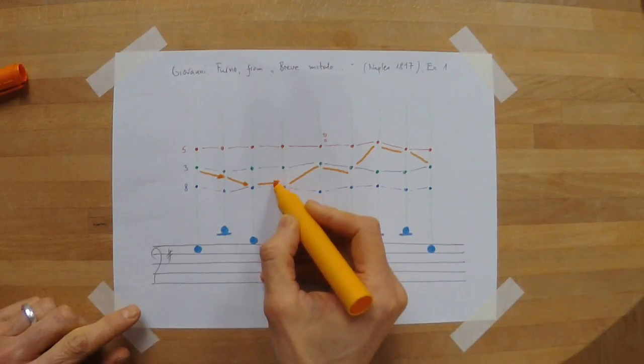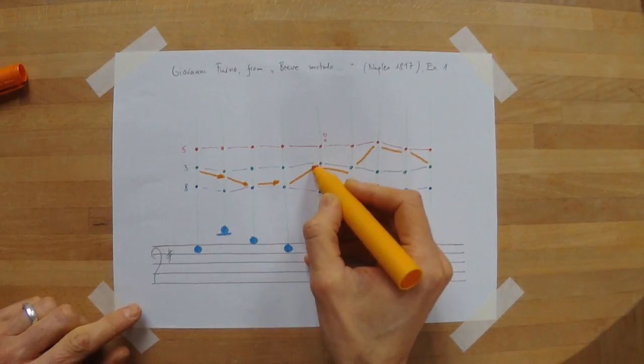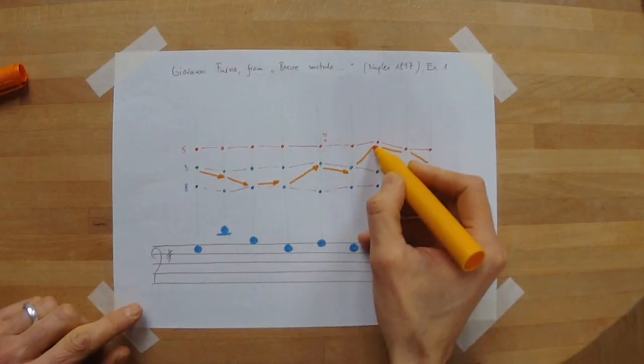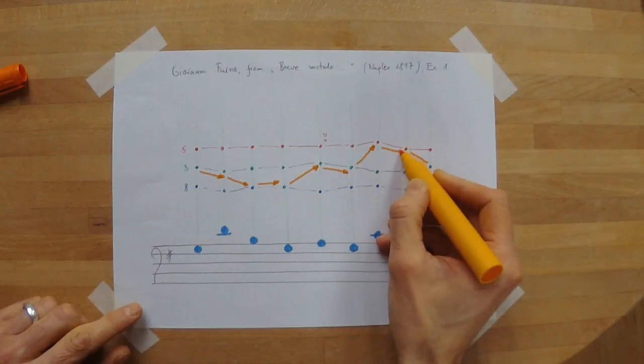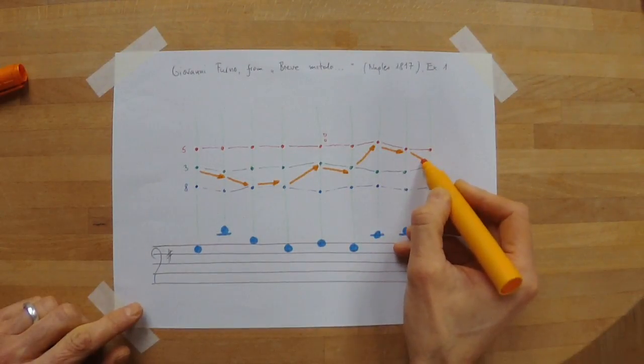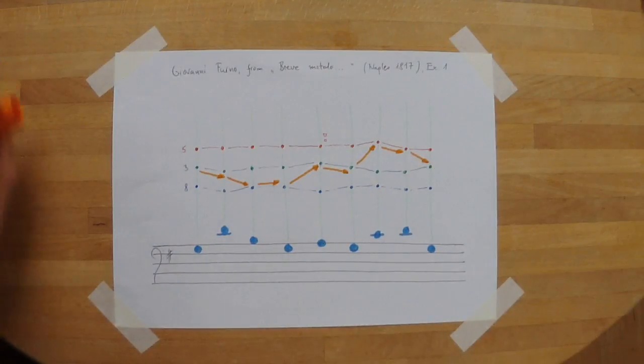Again. If I just take this as a kind of guideline, I can create a melody around it. A melody that just fills in the steps or the jumps that I did before.